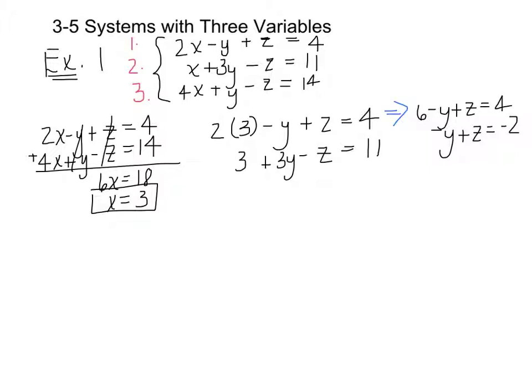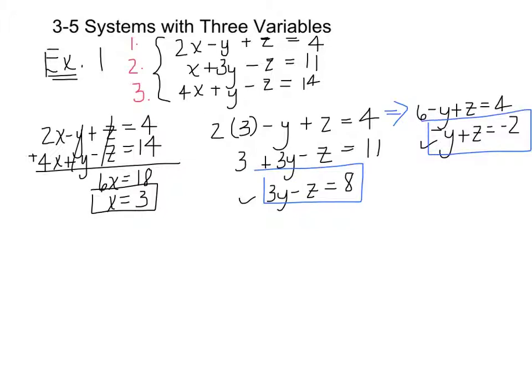Then over here I'm going to subtract 3. 3y minus z equals 8. I'm going to put this row and this row together so that I can make another system. I'm going to box it so you'll see.